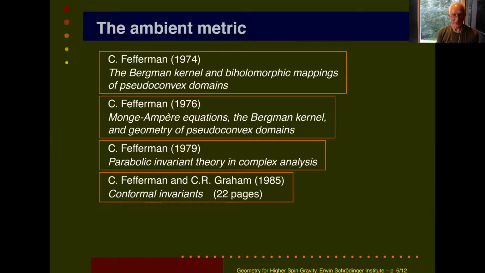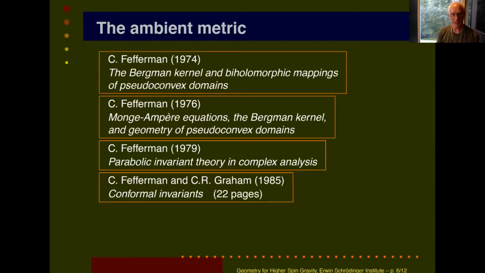Some bits are harder, some bits are easier, but that was the state of play in 1985. And this article revolutionized the study of conformal geometry and conformal invariants in various ways.